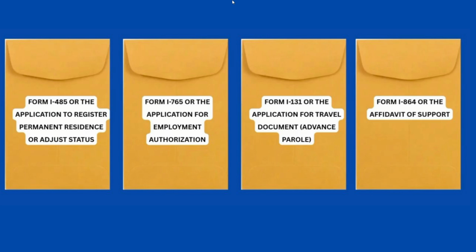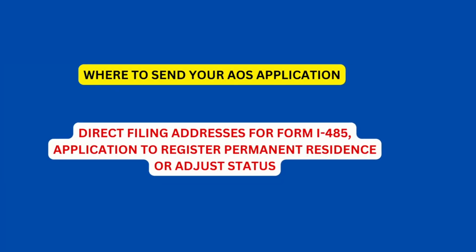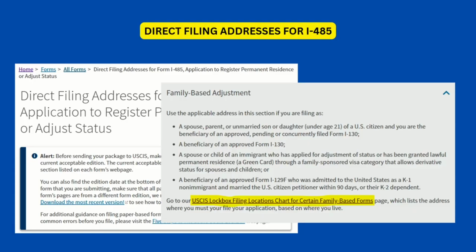Now that we are done compiling all the requirements from the Form I-485, to your work permit, to your travel document, and for the Form I-864, now is the time that we are going to be discussing where we are going to be sending your AOS application and what the correct filing addresses are. Visit the official website of uscis.gov and search for the direct filing addresses for the application to register permanent residence, and then you will be able to click a link to the USCIS lockbox facility.